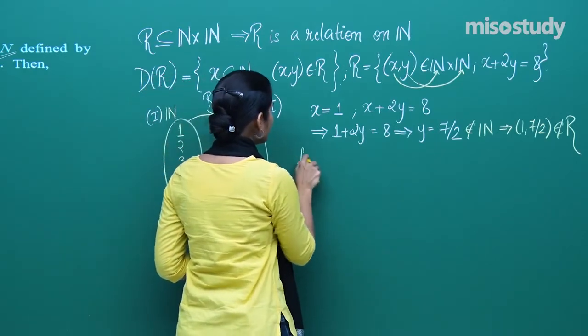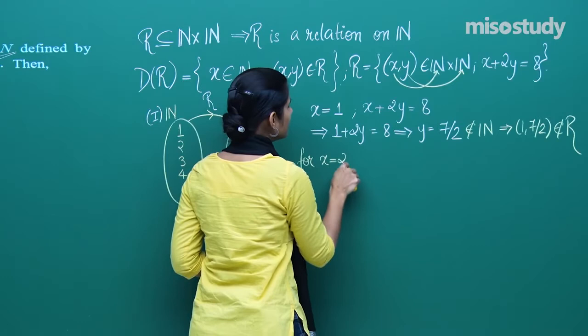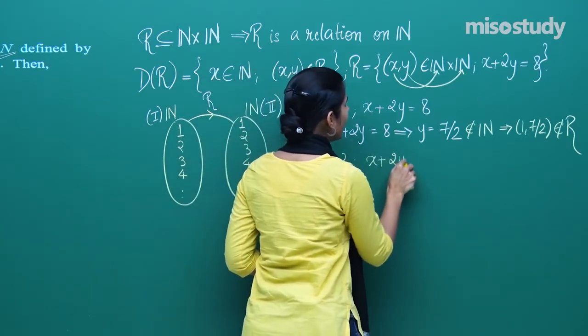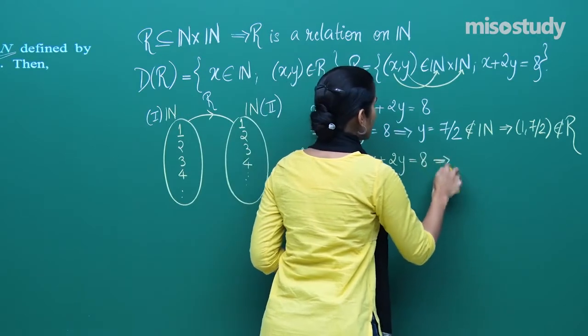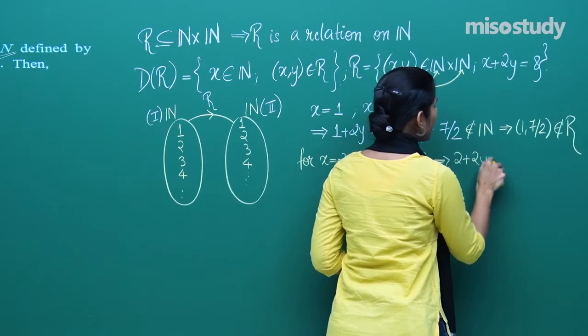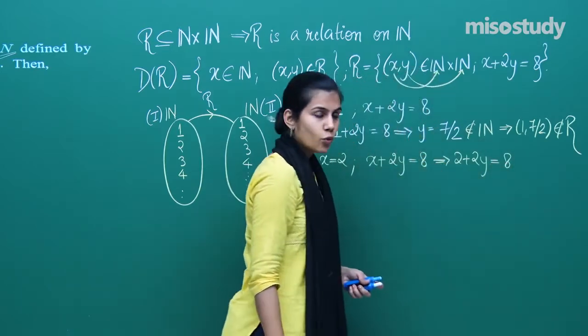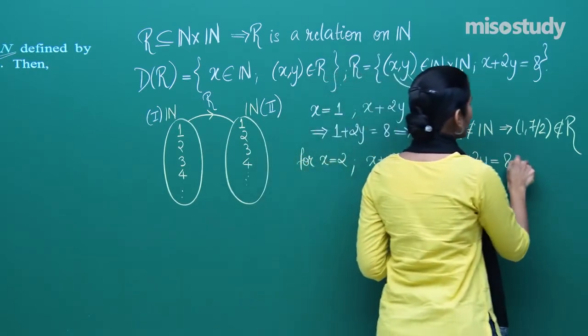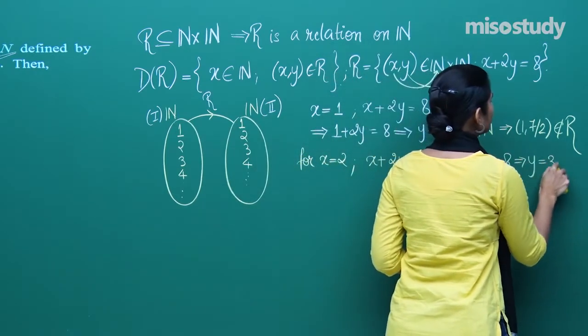So for x equals 2, I need a y which satisfies x plus 2y equals 8, by which I mean 2 plus 2y equals 8, which basically means 2y equals 6 or y equals 3.